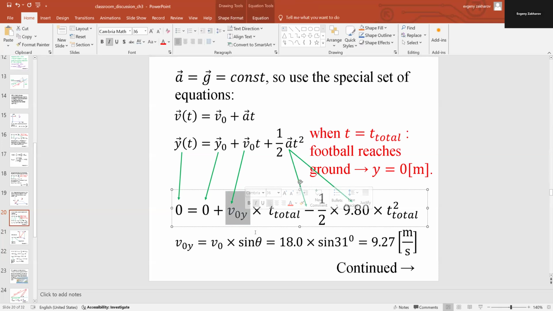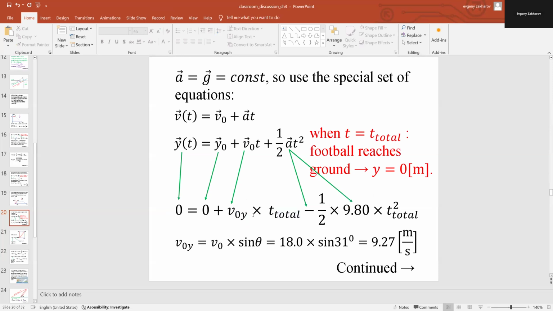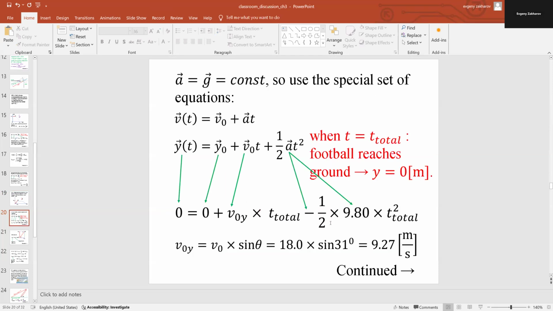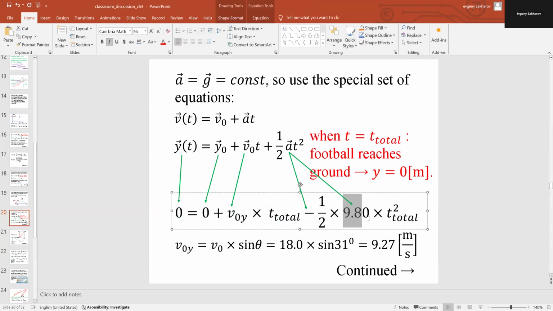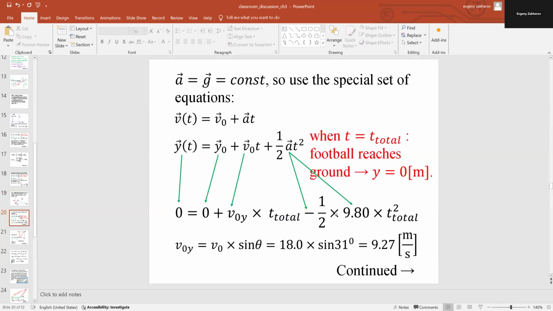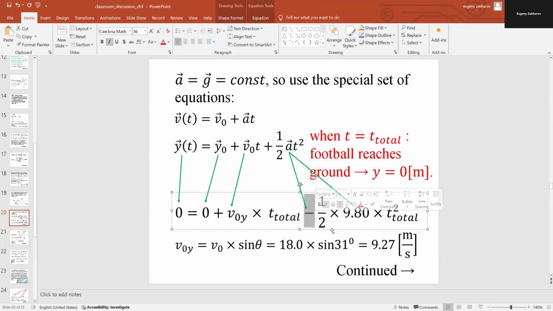So v sub 0 y times the time that it takes to go from the initial to final. And the acceleration is a negative free fall, because y goes up and it's positive, and acceleration goes down and it is negative, times the time squared.